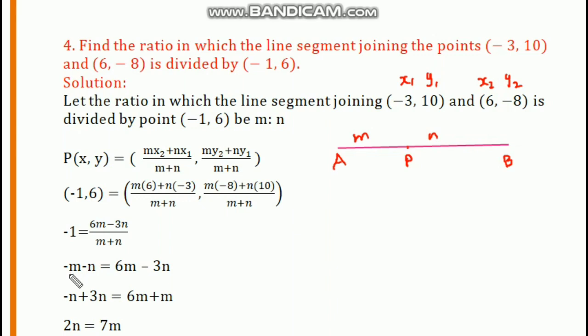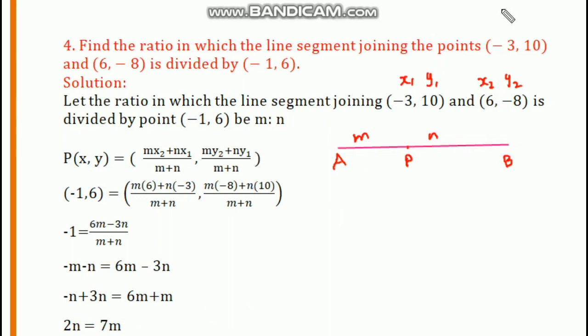Cross multiply, then you will get -m - n equal to 6m - 3n. So transpose n to one side and m to another side. So -n + 3n equal to 6m + m. So we know that 2n equal to 7m.